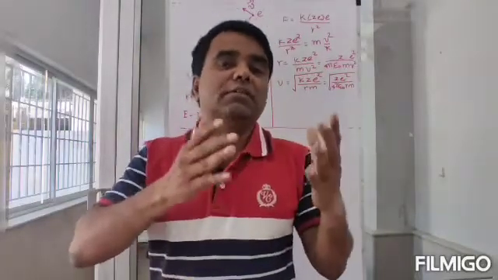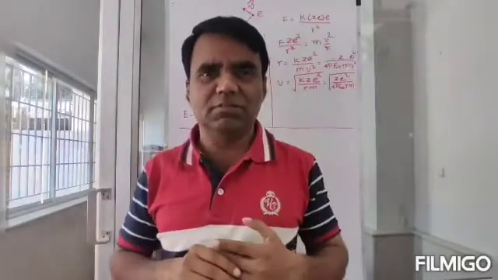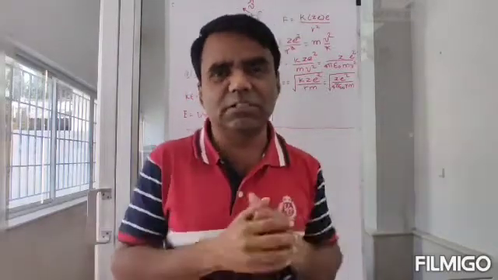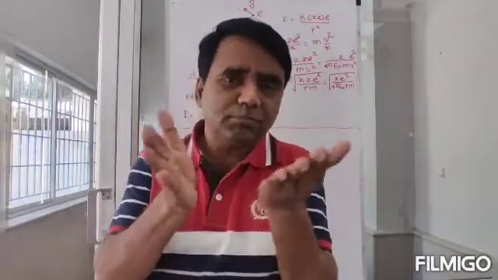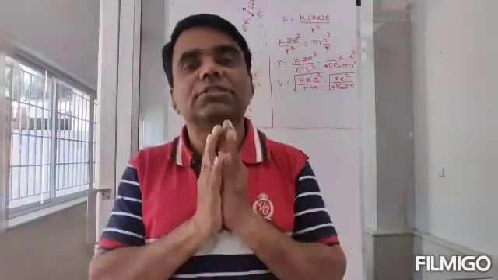Okay, which leads to the question, how do you identify these stable orbits? I mean, is it at 1 centimeter, 2 centimeters, 3 centimeters, or is it at 1 picometer from the nucleus, or 3 picometers? So you have questions like this. How do you identify those orbits?